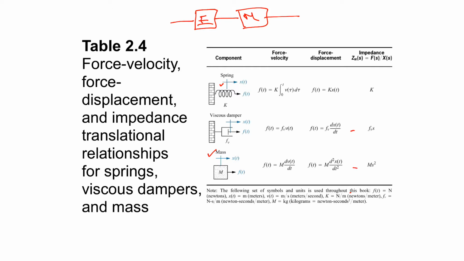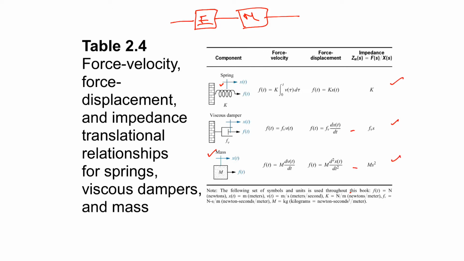Second is the viscous damper. In this case the force is directly proportional to the velocity, and velocity can be represented by dx by dt. Similarly for mass, force equals ma, that is mass into acceleration, and it can be represented by this.